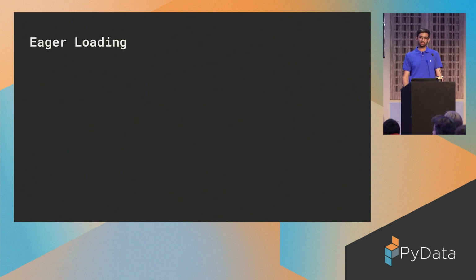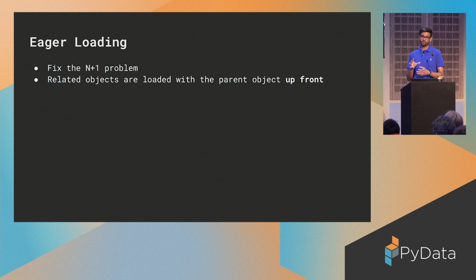This can be solved by using eager loading, which we had used in the examples earlier when we called lazy equal to joined, where this fixes the N+1 problem and all the related objects are loaded upfront. So the parent and the different children are loaded together when we use eager loading. This is achieved by using joins with the select statement, or additional select statements with the same query.